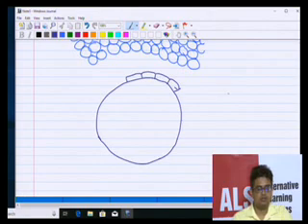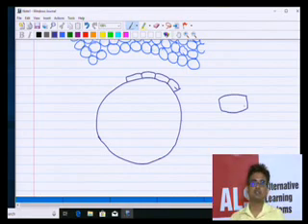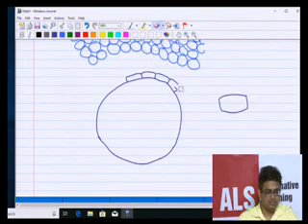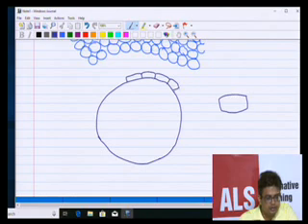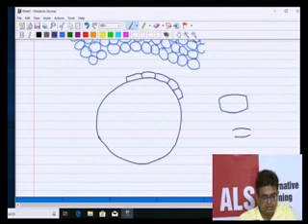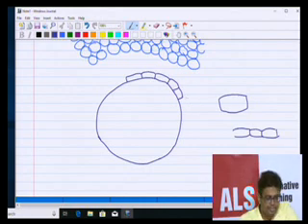Endodermis cells are shaped like a barrel. This is the actual shape of the endodermis cell. These are the cells I am trying to draw here. So these are barrel shaped cells, and this is how you will draw them, like this.